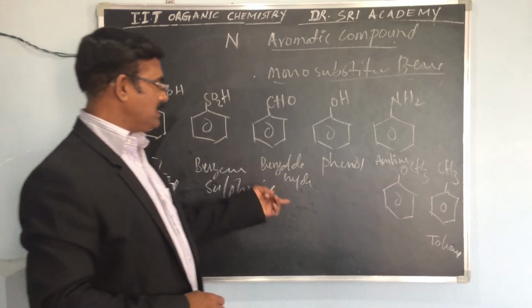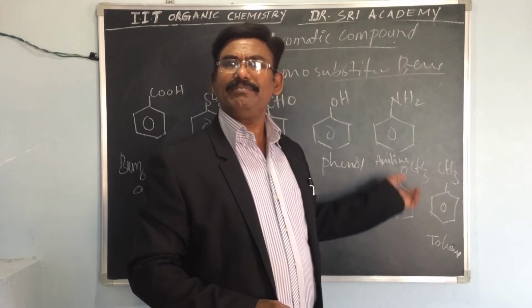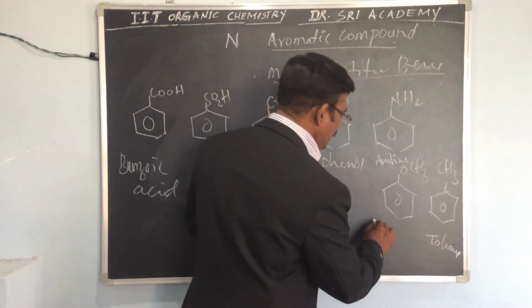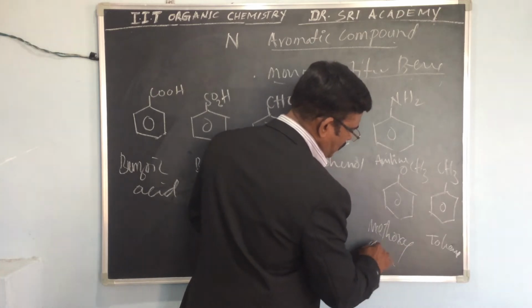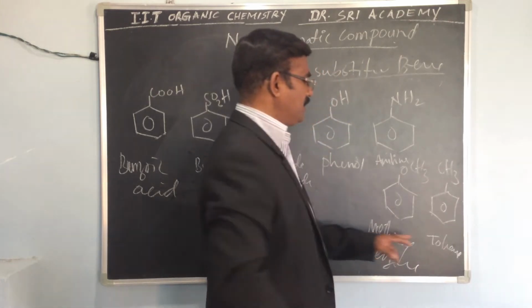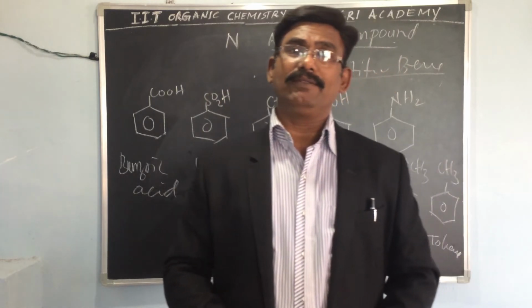Benzene sulfonic acid, benzaldehyde, phenol, aniline. So this is called methoxybenzene. We can say the methoxy group is there, simply methoxybenzene, and the toluene.